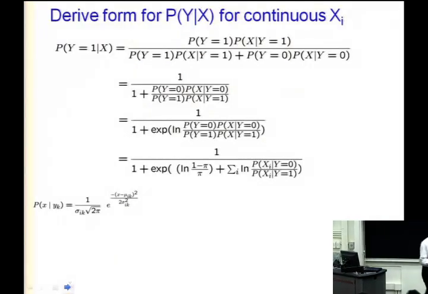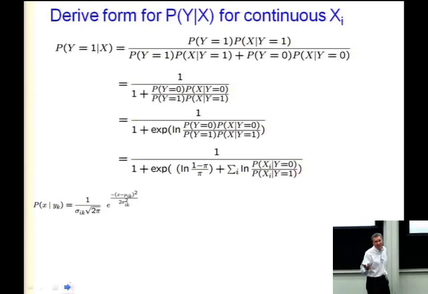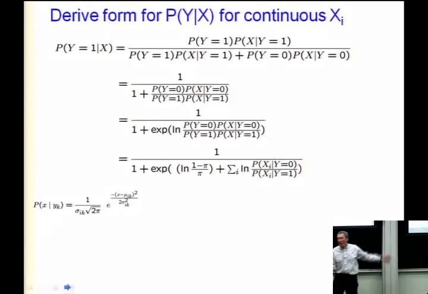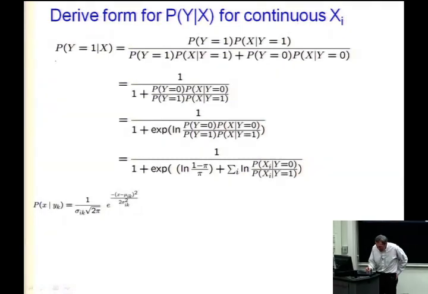And here's the answer. So let's derive it. It's not that hard to derive. As in so many cases, when we want to derive things, we start with Bayes' rule. I'm interested in getting the probability of y given x.